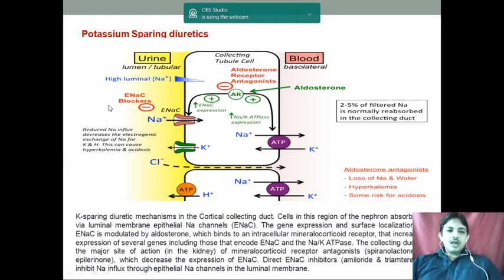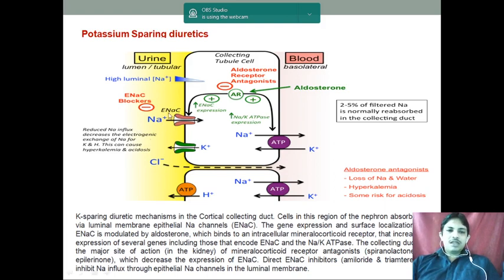In the case of drugs like amiloride, if you remember what we have already discussed, these drugs directly block the luminal membrane epithelial sodium channel.